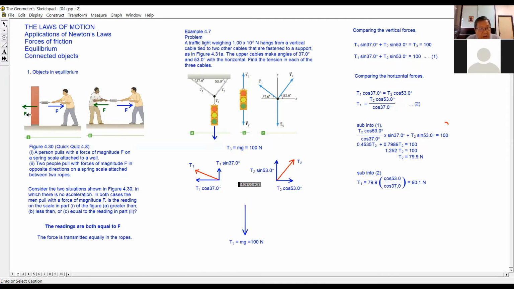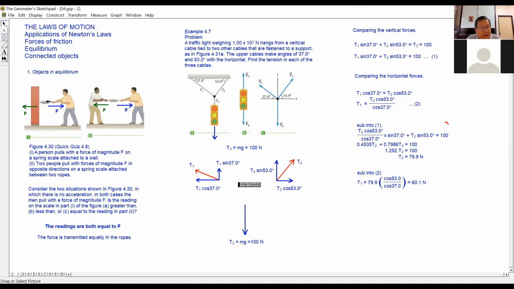The magnitude has to be the same so that they balance one another, so that everything is not moving. It is at equilibrium. So we say that the force exerted by the man is the same as the force exerted by the wall, and it is recorded in the spring balance here, right?